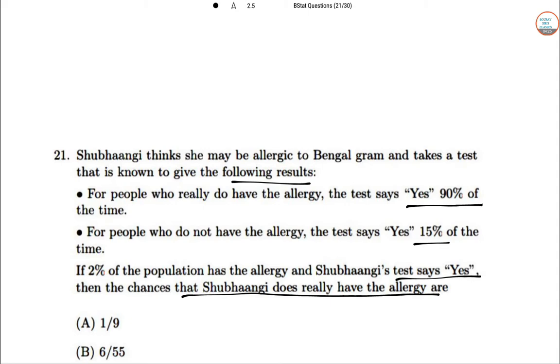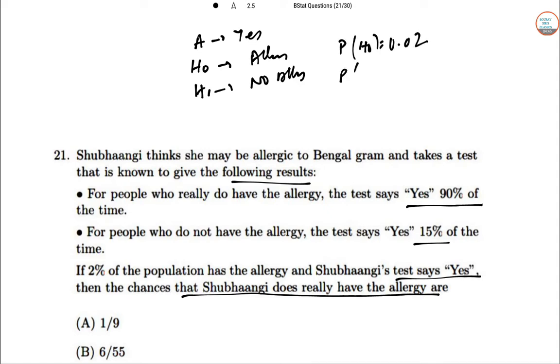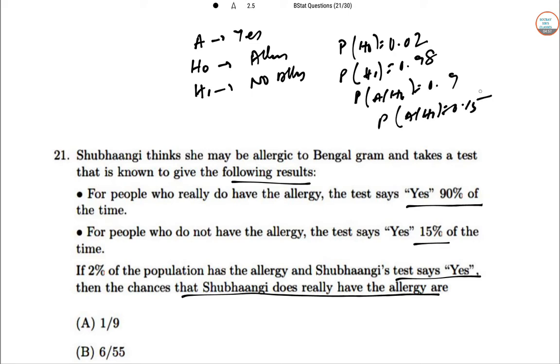Okay. So let A equal to yes. H0 is Shubhangi has allergy, H1 is no allergy. So P of H0 is 0.02, P of H1 is 0.98, P of A given H0 is 0.9, P of A given H1 is 0.15.